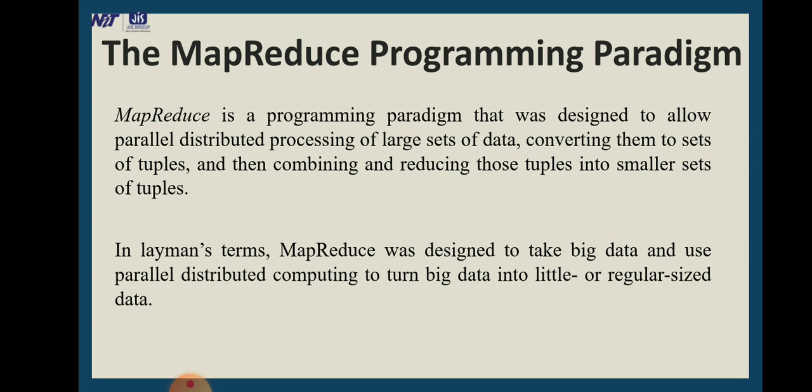Decomposing a data processing application into mappers and reducers is sometimes non-trivial, but once we write an application in MapReduce form, scaling the application to run over hundreds, thousands, or even tens of thousands of machines in a cluster is merely a configuration change. This simple scalability is what has attracted many programmers to use the MapReduce model.